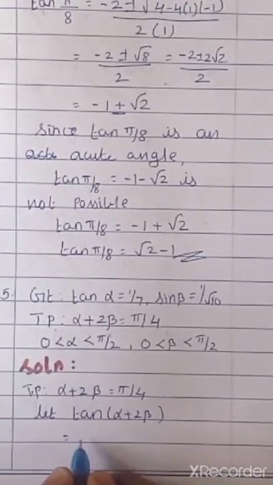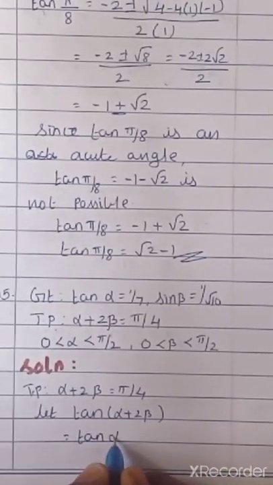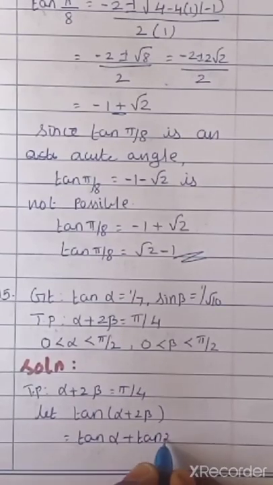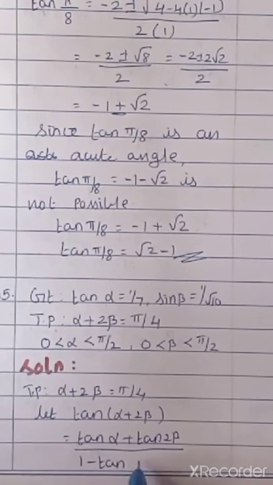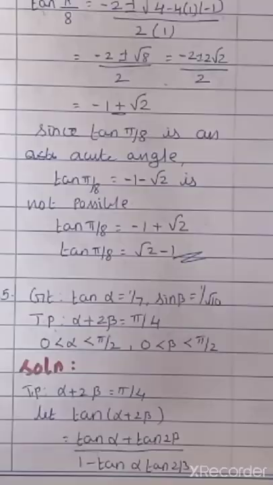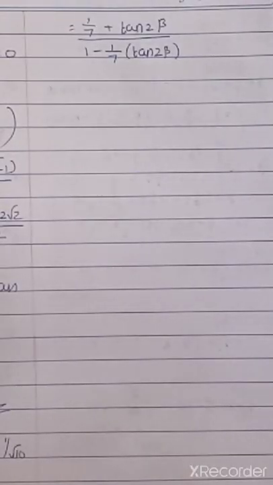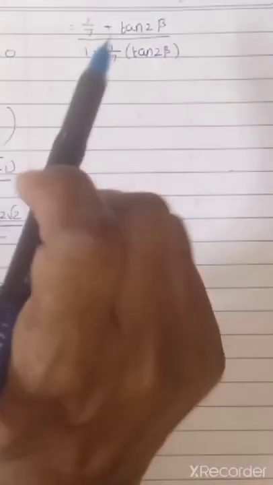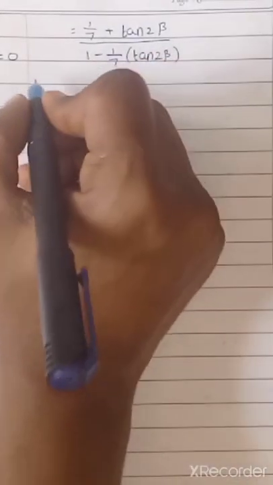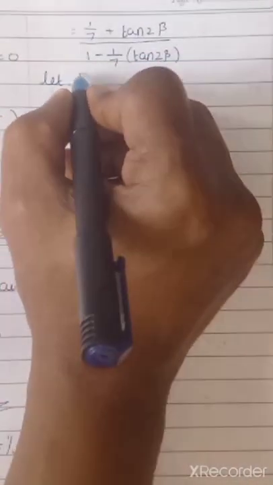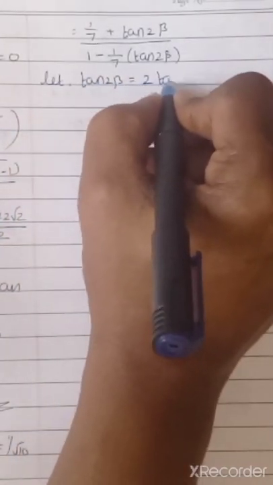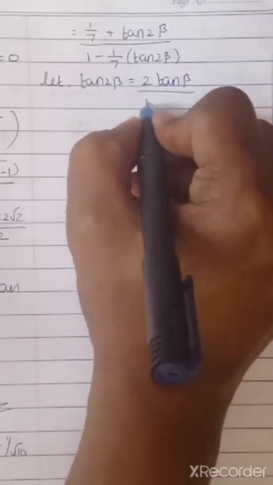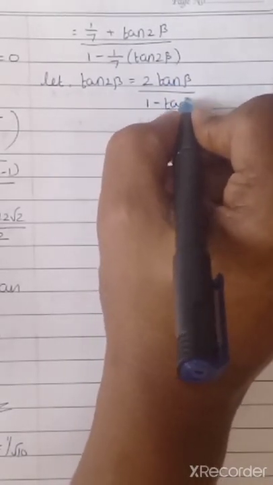So what is the formula for tan of alpha plus 2 beta? Tan alpha plus tan 2 beta divided by 1 minus tan alpha tan 2 beta. Now, instead of tan alpha, we can substitute 1 by 7. Again, we know the formula for tan 2 beta: 2 tan beta by 1 minus tan square beta.